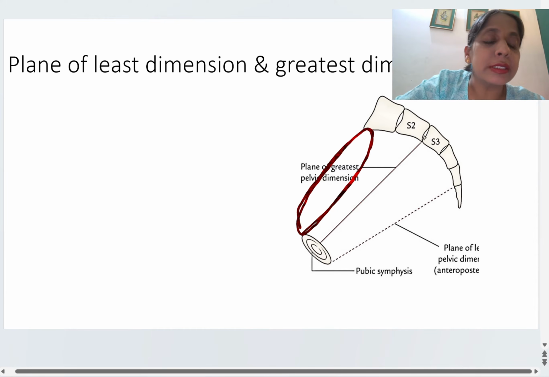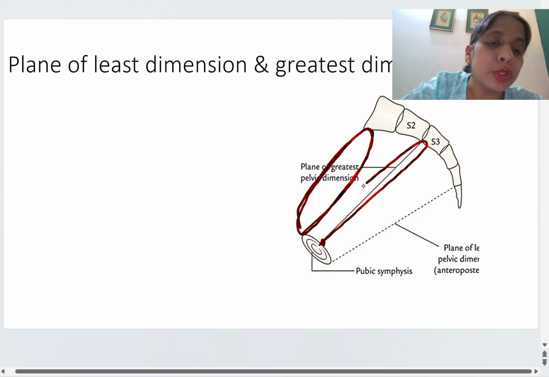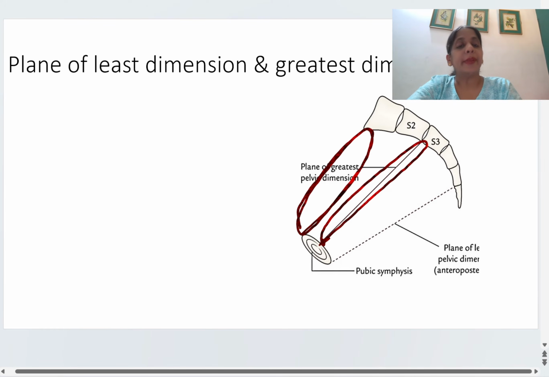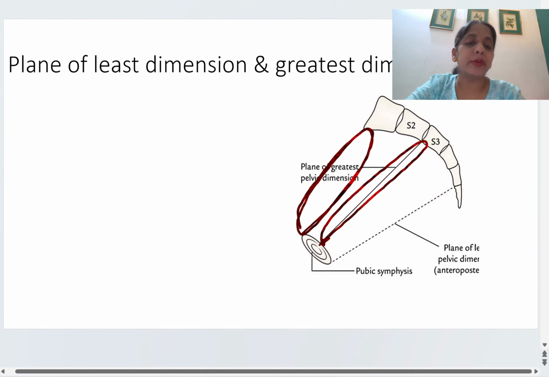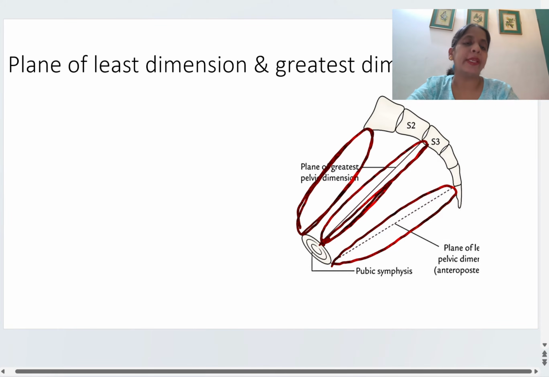And this, which goes from the mid part of the pubic symphysis up to S2 S3, is the plane of greatest dimension. And this, which is from the lower part of the pubic symphysis to S5, is the plane of least pelvic dimension.